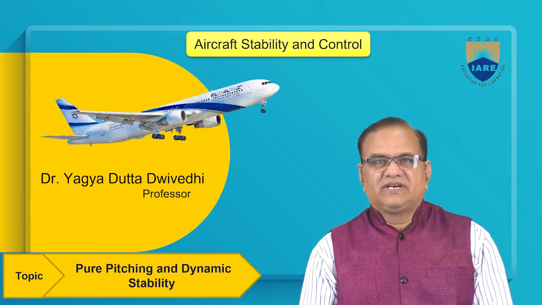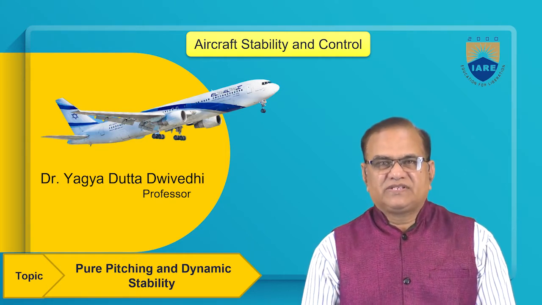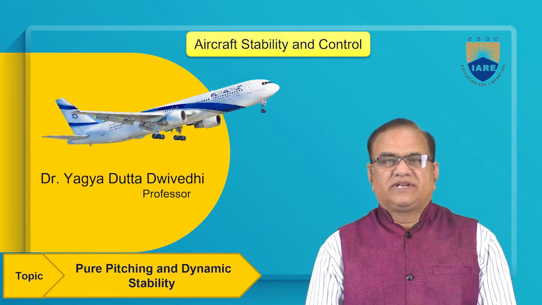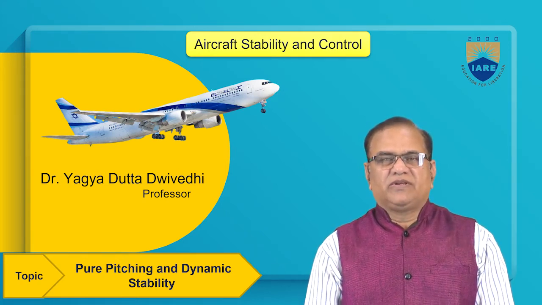We should know what stability is. Stability of aircraft is the tendency of the aircraft to come to its equilibrium position.